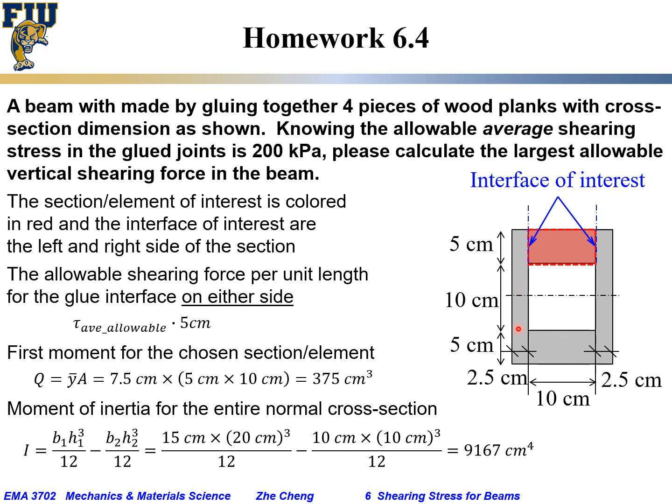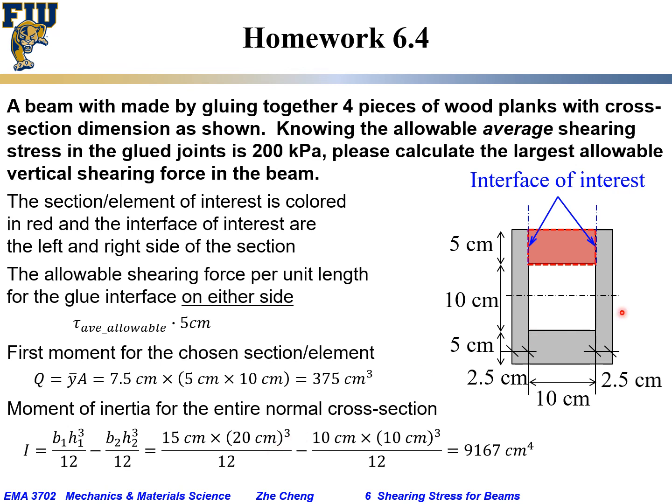So if we plug the number in, B1 would be 10 plus 2.5 plus 2.5, which is 15 centimeter, and H1 would be 5 plus 10 plus 5, which is 20 centimeter, but H1 to the power of 3, don't forget.